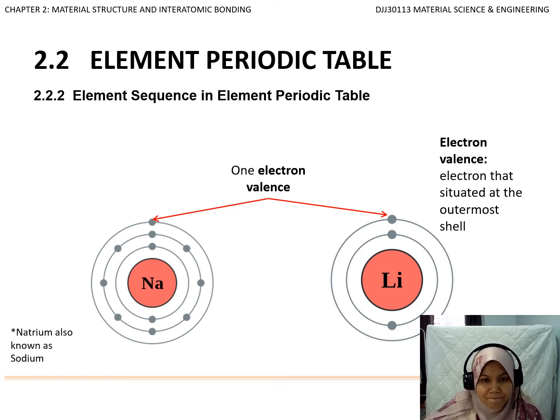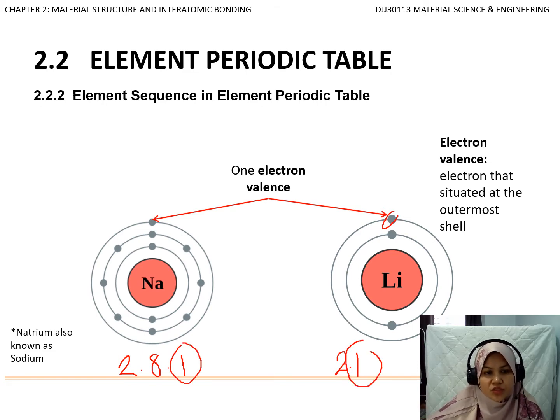So, kita tengok natrium first shell dia ada 2. Second shell 8 lah. The third shell contains 1 electron. While lithium 2, and this one only 1. So elektron paling luar sekali hanyalah 1 sahaja nilai dia. So digrupkan pada grup yang sama.